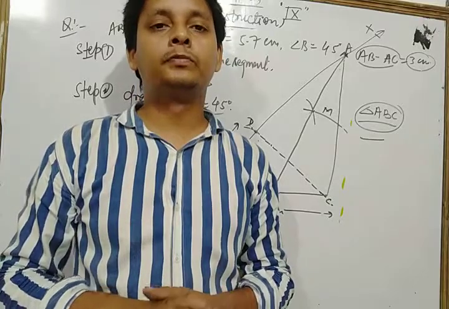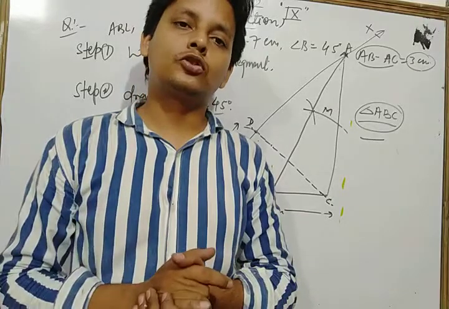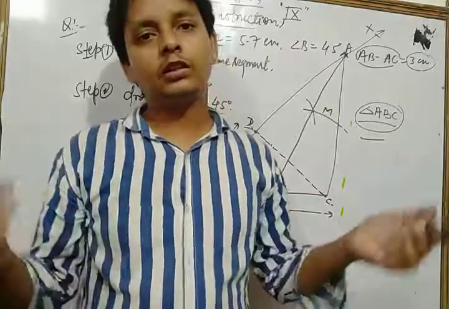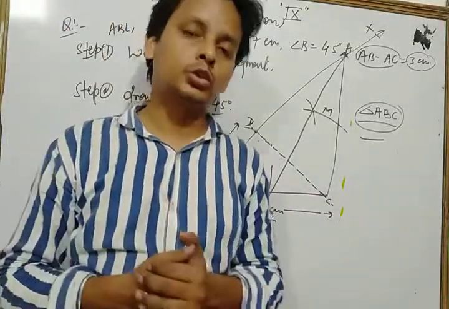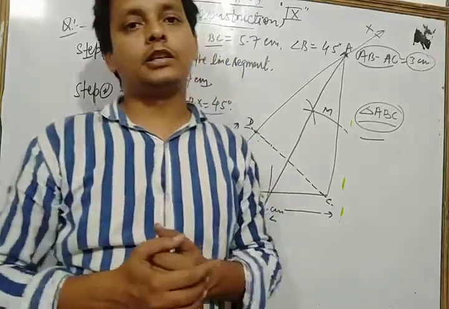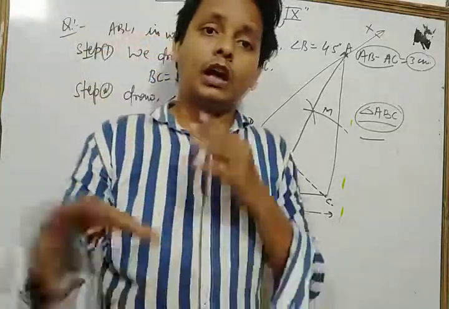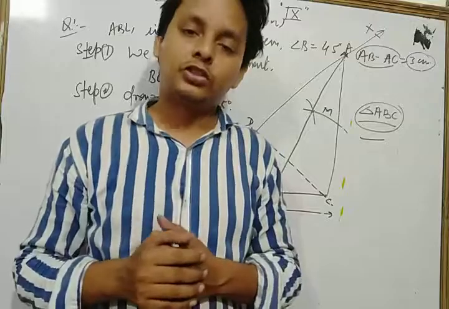Now dear students, today this chapter is completed and we have discussed all the topics included in your chapter. In the next class we will revise all the topics of the chapter construction.